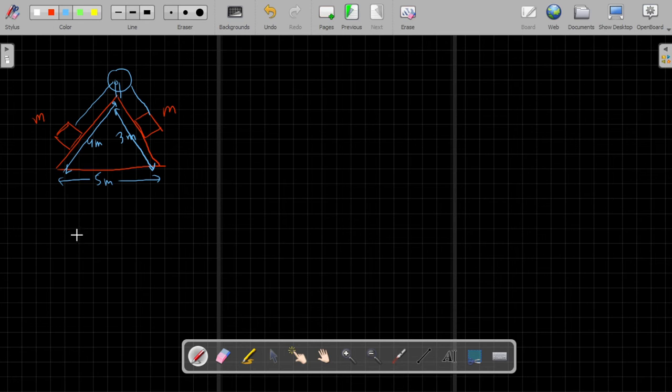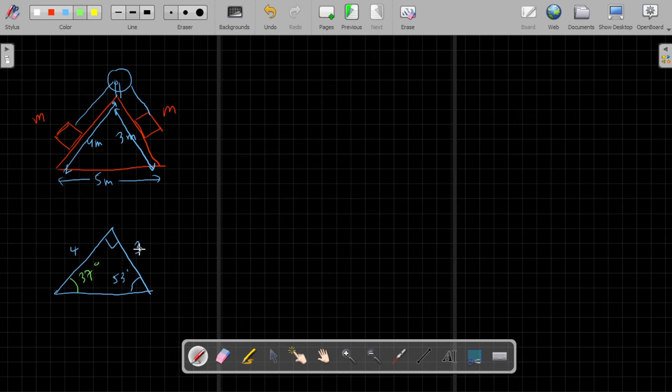For this particular triangle, we try to remember that it is a right angle triangle, a Pythagoras triangle. The angle in front of the side 4 is approximately 53 degrees. The angle in front of 3 is approximately 37 degrees. So this is something which we can remember.